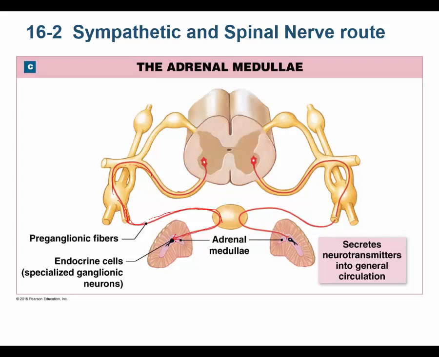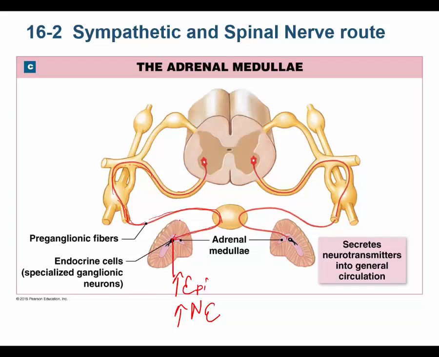And then what it does to the adrenal medulla is it tells it to release epinephrine and norepinephrine. But you're going to say to me, where the heck's the postganglionic neuron? Because there always has to be a postganglionic neuron.